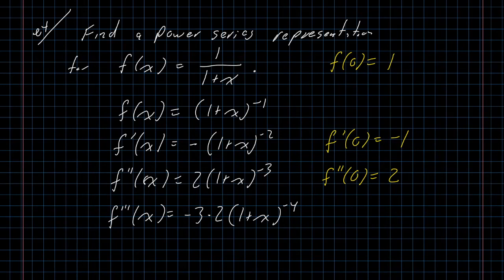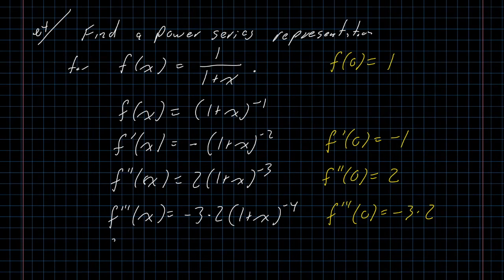And evaluating this at 0, I will get that f triple prime of 0 is negative 3 times 2. And yes, I know that 3 times 2 is 6. I could simplify that, but writing it out like this and seeing where the pattern is going to show up is going to make our lives a lot easier.